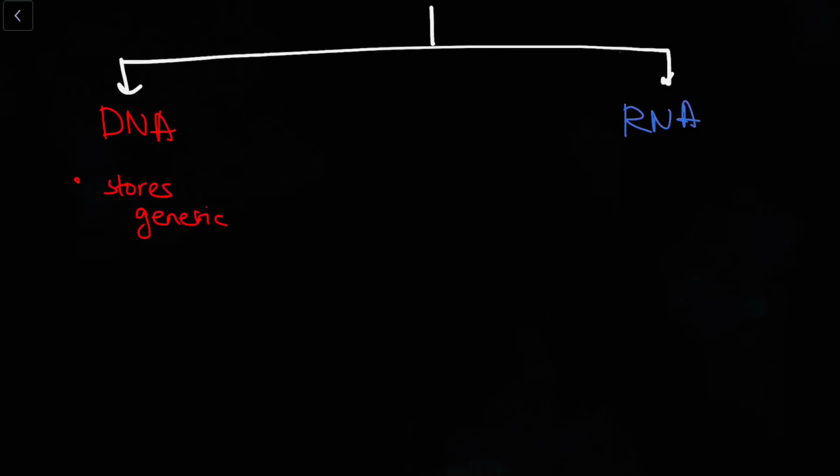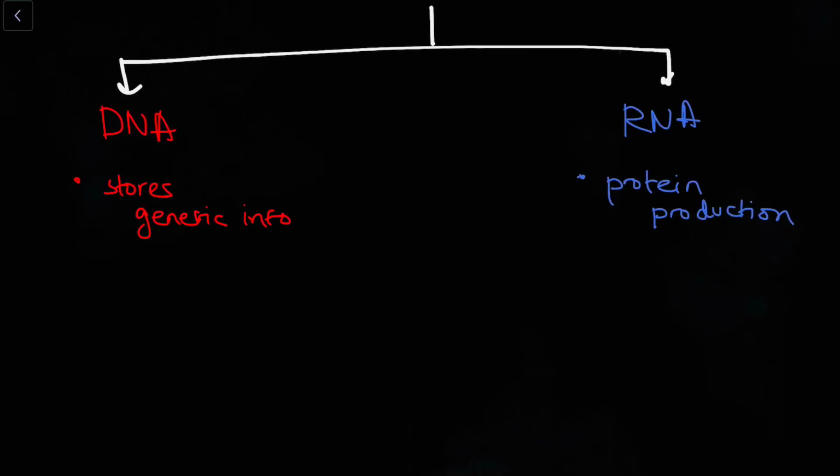It holds genetic material. And basically what this means is that DNA controls everything about you, from the color of your hair, to your height, to even the way you behave in certain situations. RNA, on the other hand, is involved in protein production. It's basically a very specific set of instructions on how to make different kinds of proteins.